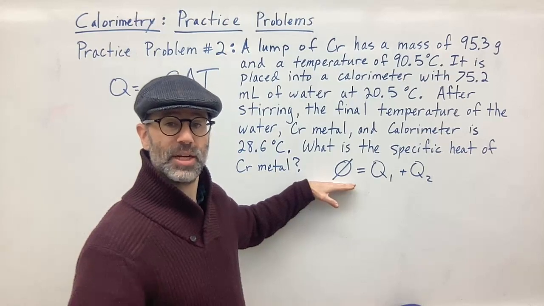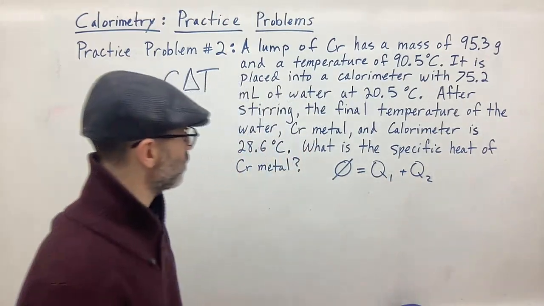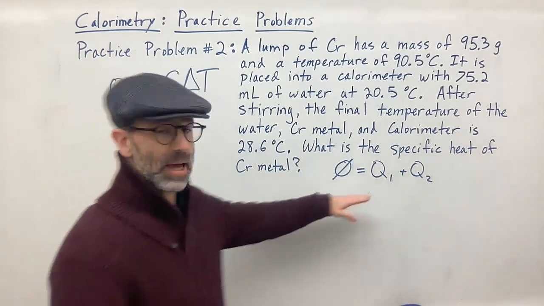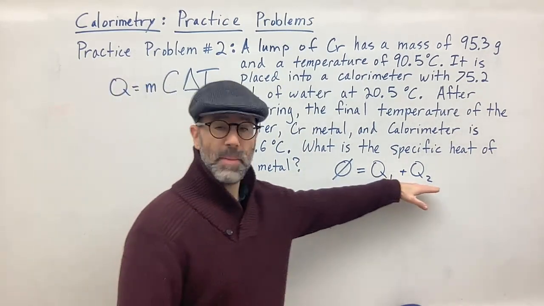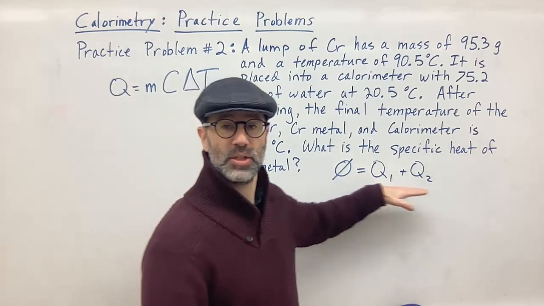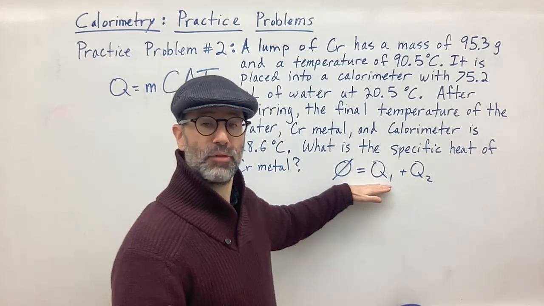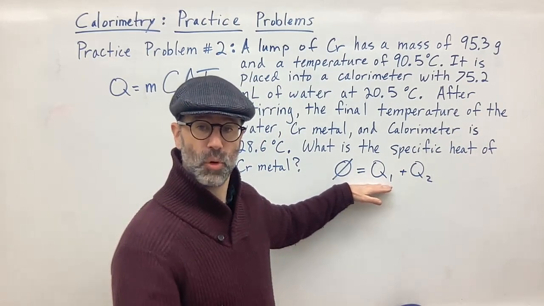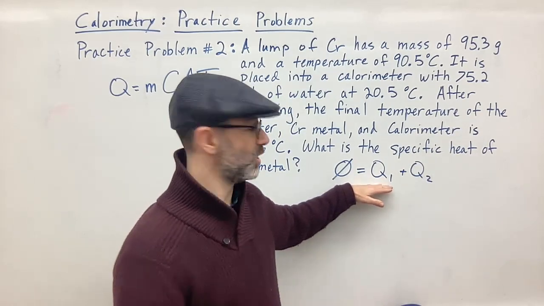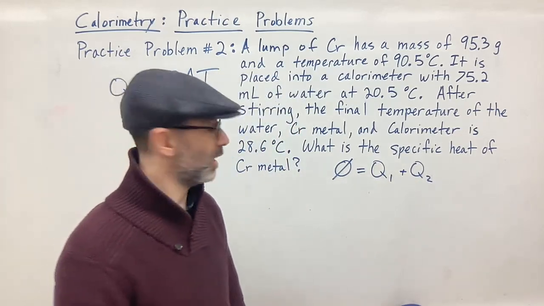So the change is going to be zero, and these two should add up to zero. We saw that before, because remember the magnitude should be exactly the same, since you're transferring energy from one to the other and it's the exact same amount. It's just that one is going to be negative because it's releasing energy, and one's going to be positive because it is gaining the energy.